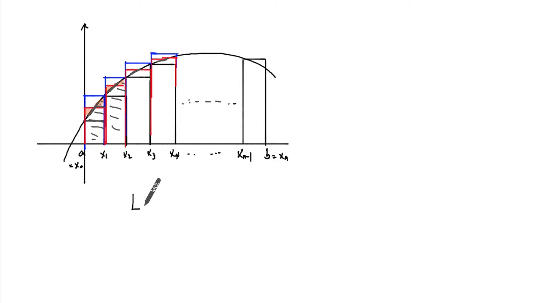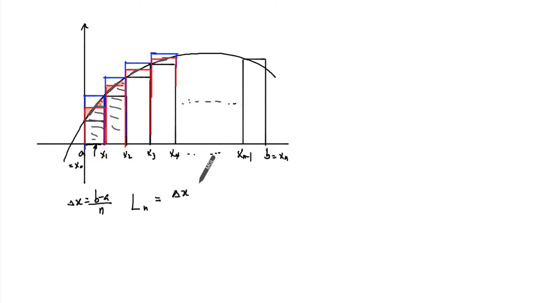So left-hand sum is delta x, where delta x is referring to the width of this. So delta x is clearly b minus a divided by n intervals.